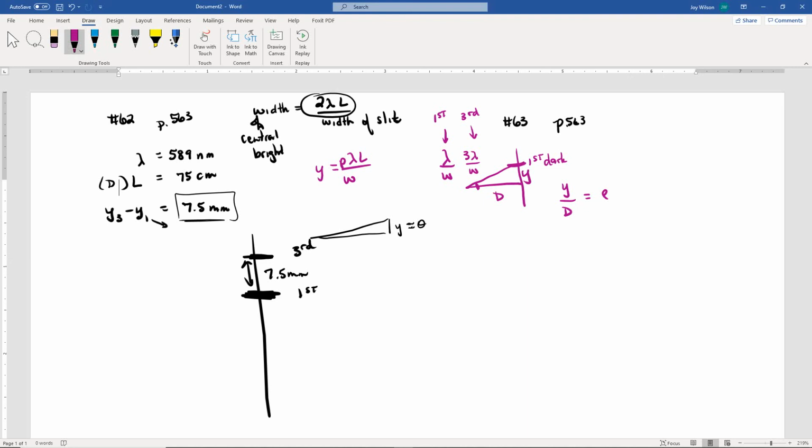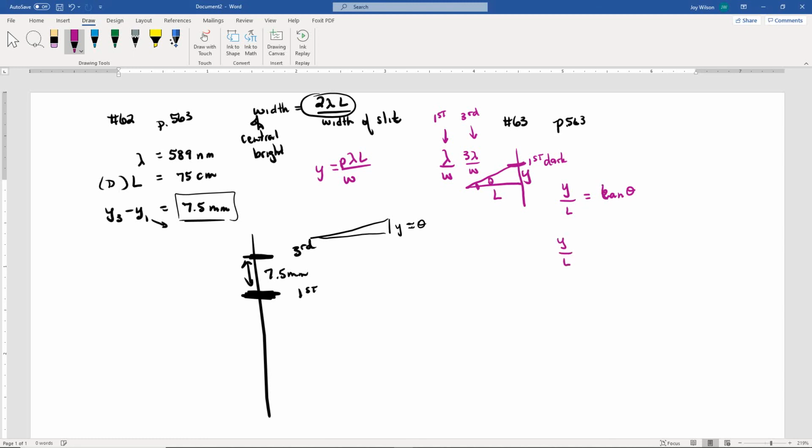So your tangent equals your sine, to be consistent with what the book does. They call this L. So y over L would be tangent of theta, this angle right here.